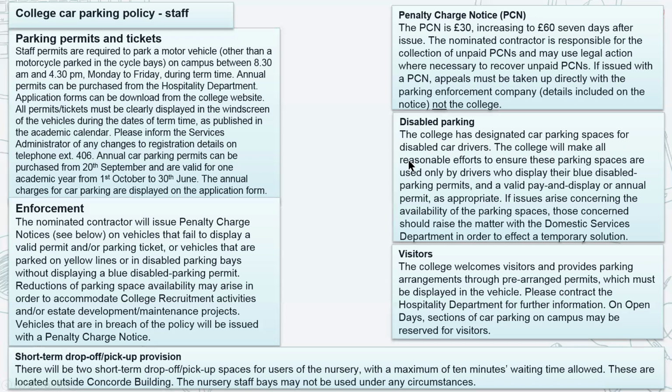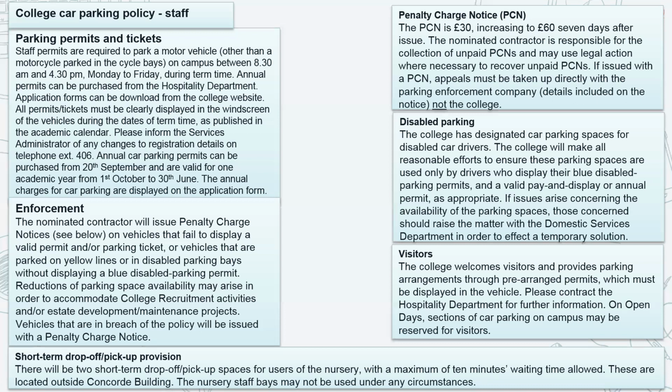The college will make all reasonable efforts to ensure these parking spaces are used only by disabled drivers. Visitors, the college welcomes visitors and provides parking arrangements through pre-arranged permits. Then in less than 1 minute, I got an idea of the text. It's about parking permits and tickets and penalty.